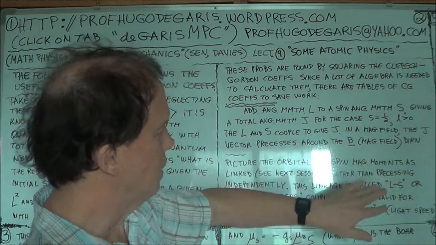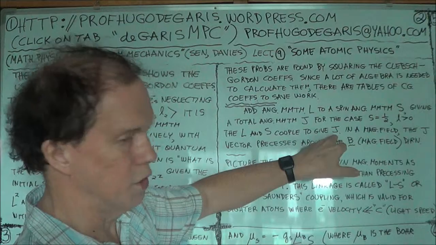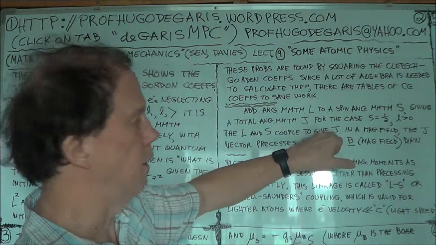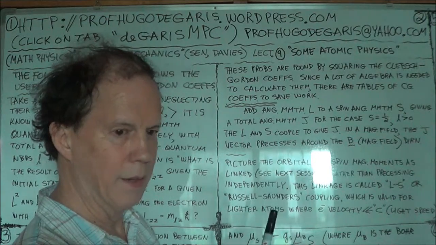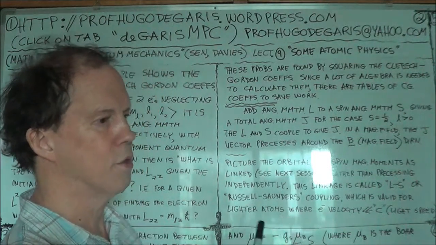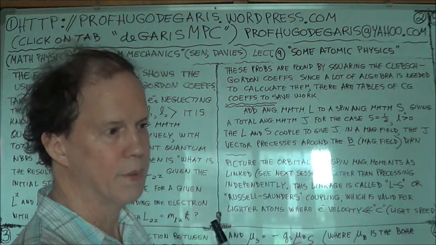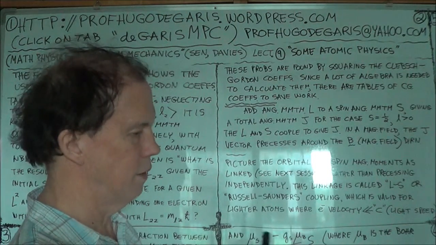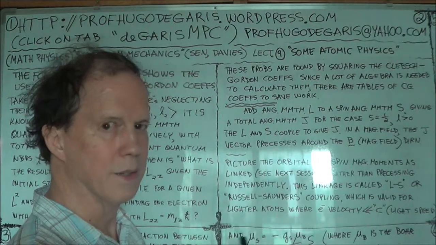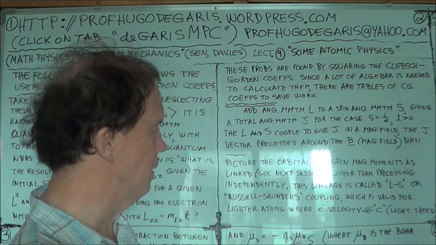A comment here in the text is that this J hat, which is L hat plus S hat, think of that L hat and S hat as not independent. They're not precessing independently. They're linked, and they precess as J precesses.